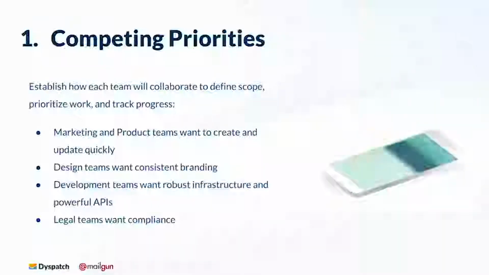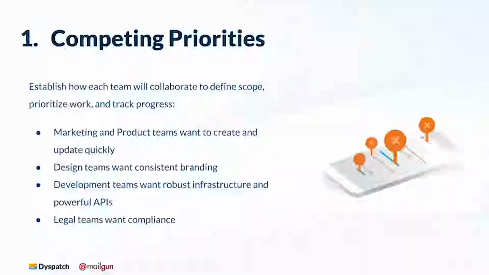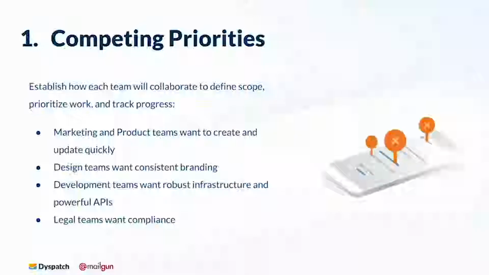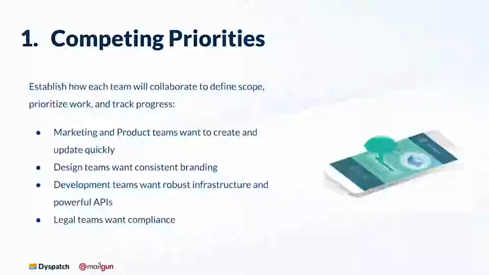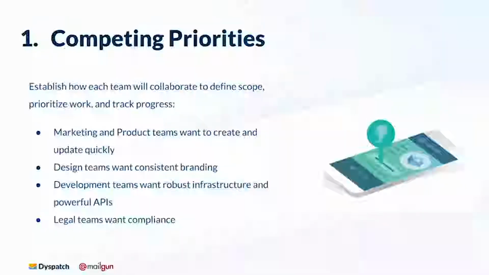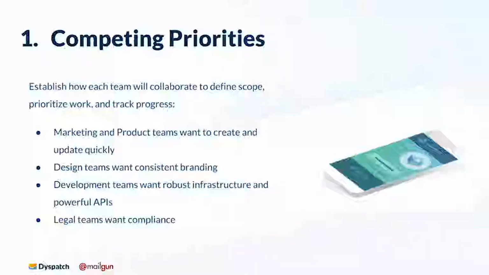Mm-hmm. I think especially in the new world of GDPR and everything else, with how privacy is changing, including those tertiary stakeholders like legal is even more important now. Yeah, and especially because that's a good point you bring up. Transactional and email marketing behave differently.